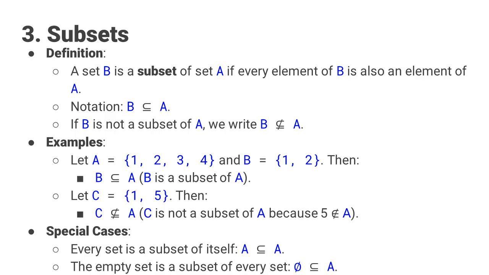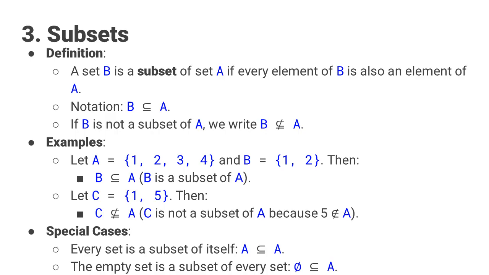Examples: let A equal the set {1, 2, 3, 4}, and B equal the set {1, 2}. Then we ask whether B is a subset of A. So we will simply check if all elements of B are also elements in the set A. The elements of B are 1 and 2.